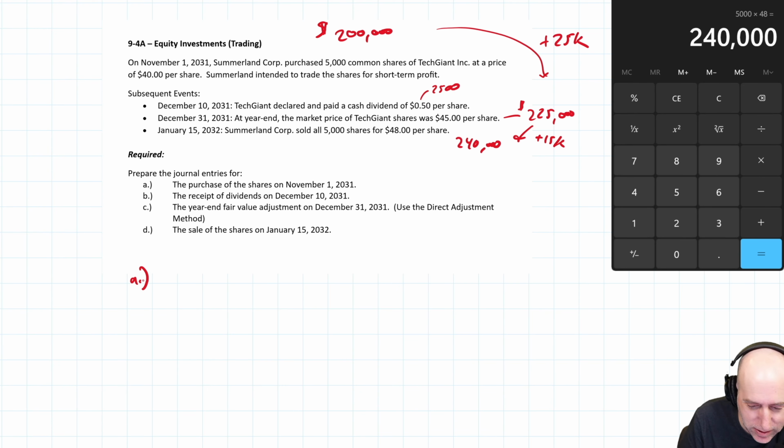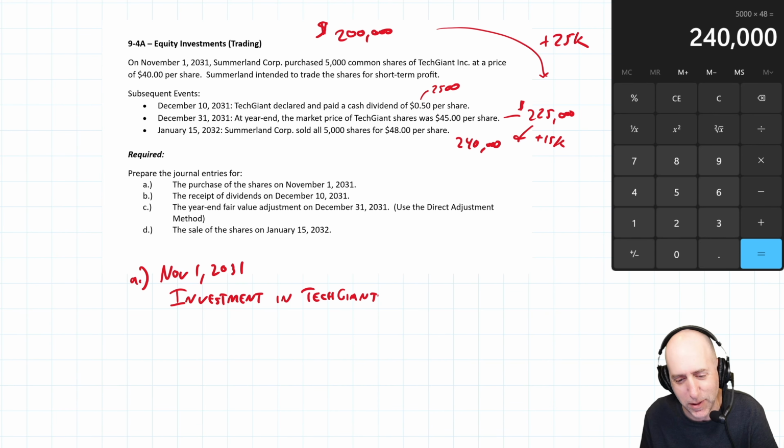A, we bought some shares, presumably for cash. So I am going to date this November 1st, 2031. I'm going to debit investment, and I always say the company name if I'm buying stock like this, investment in TechGiant. Your textbook might say equity investment or trading investment or something like this.